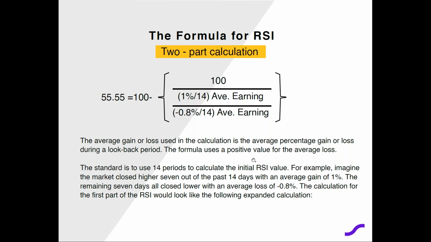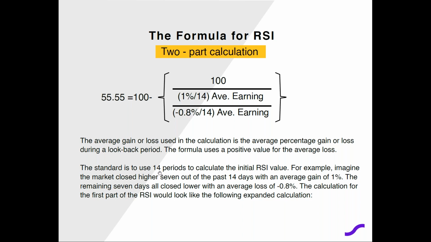The formula uses a positive value for the average loss. Okay, we have a positive result here because the average winnings, this 1% over a few days, was higher than the average losing candlesticks, which was 0.8%. So the standard is to use 14 periods to calculate the initial RSI value.